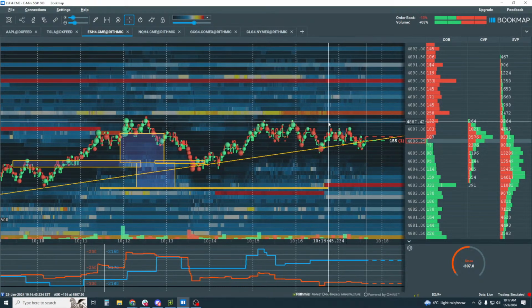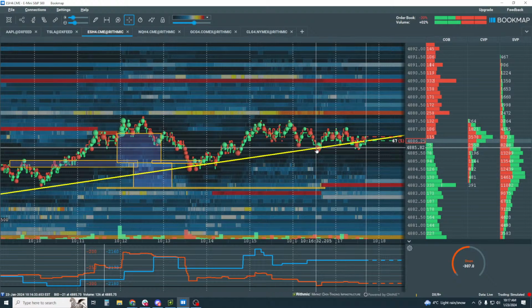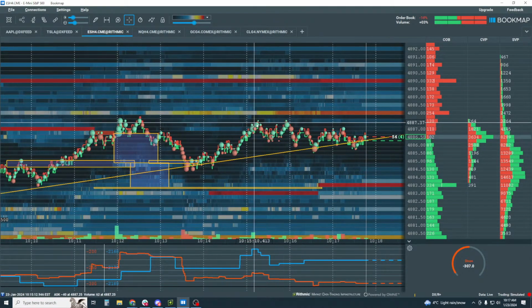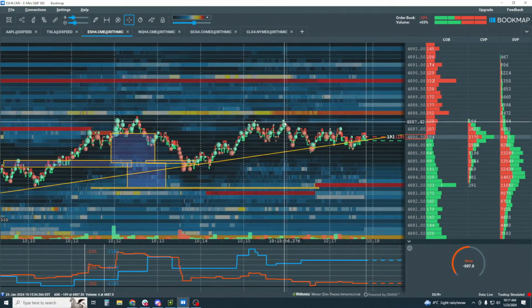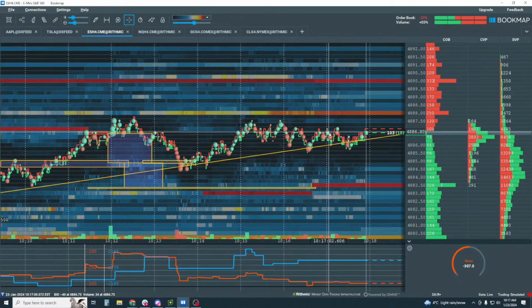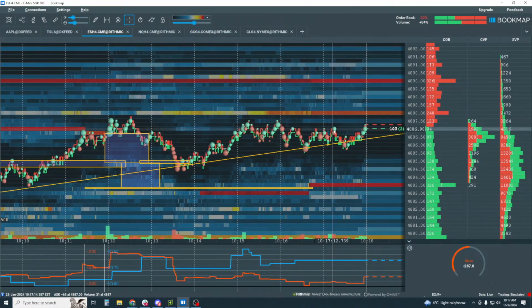Now, why would we? We're still kind of in the range up here. Okay, well, this is what we're looking at in here. See how we made kind of lower highs here? Okay, kind of an equal high in these 2 points here, but we're making lower highs in here. Okay, and we're looking for our buyers in here.